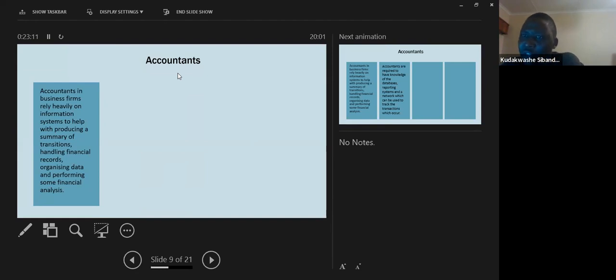Handling financial records, right? Instead of maybe having a physical book with every entry, people now have, I think there's a software called what? Sage. Is it Sage for accounting? I'm forgetting, right? I think there's a company that makes the software. Is it Sage or Payroll? I'm not so sure, right?